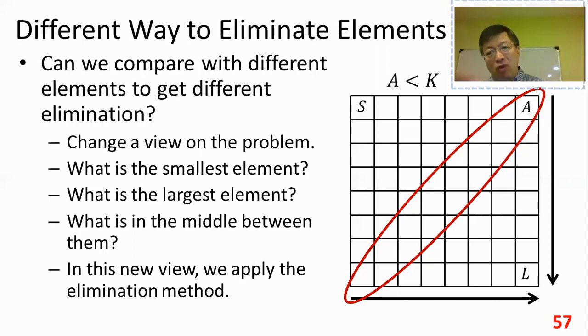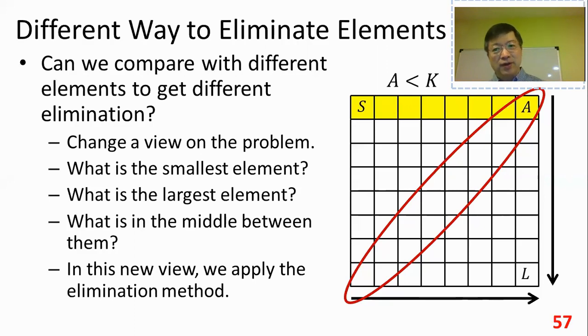So the same row. Okay. So the column, we cannot get any element eliminated column-wise, but row-wise, we can eliminate the elements that are in the same row with A. So this row. Okay. All right. So that's easy.